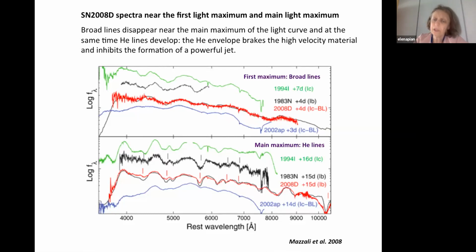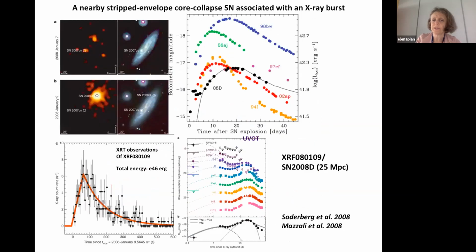Namely, if you have a significant envelope, meaning a helium layer of significant mass left over around the star when it explodes, a powerful relativistic jet cannot form. So you only see a midget, a very tiny X-ray event. You don't see gamma rays. This is not a powerful, fully fledged jet.